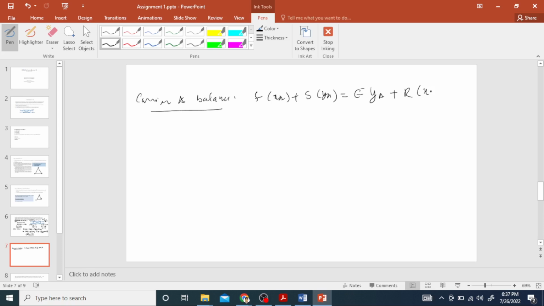Now given 100 times 0.55 plus 70 times the mole fraction of carrier liquid in the solvent. E calculated is 90. So we have to calculate this. R given is 80 and 0.52.